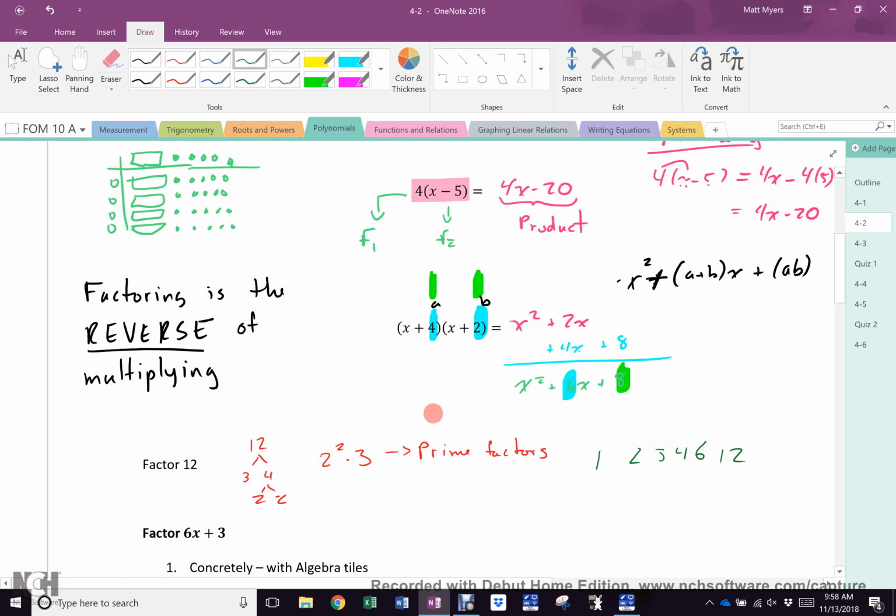This is the prime factors. This is all factors. Everybody cool? Has everybody seen this notation before? Seen something written out like that for factors of a number? Everybody? All right.